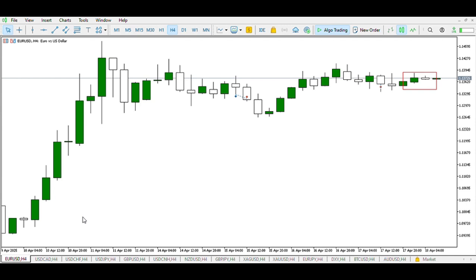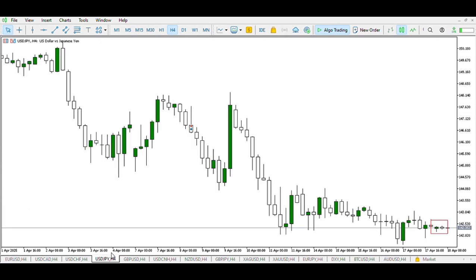So the best pairs, in my opinion, that I advise a trader can always look out for to begin with is Euro USD. The Euro USD, according to the Bank for International Settlements, the BIS, Central Bank survey and research, accounts for 24% of the total volume traded in the forex market daily. USD JPY accounts for 13.2% of the traded volume daily.